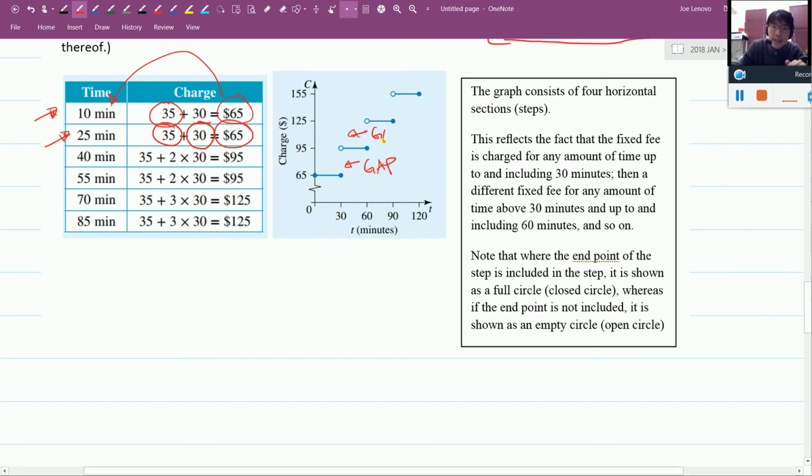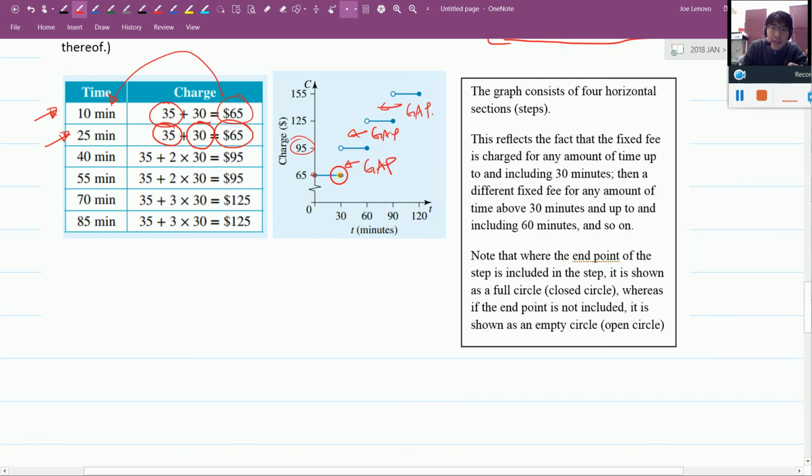you can see is not really a continuous graph at all. Since all the way up to 30 minutes you still charge $65, but at 31 minutes it's over, that would be $95 already. So the dot we draw is a solid dot all the way to 30.